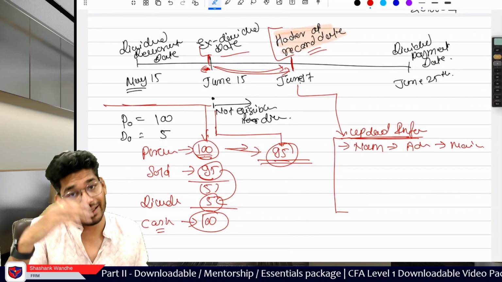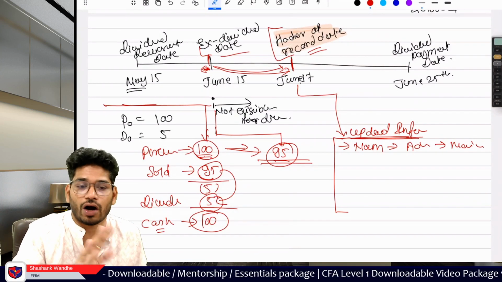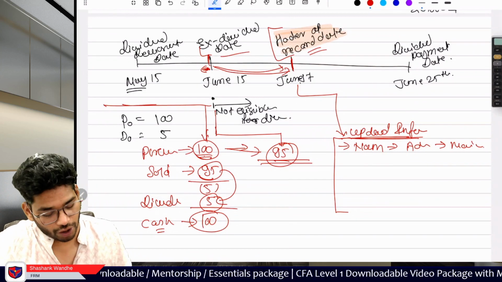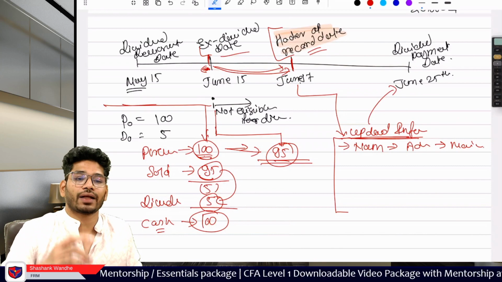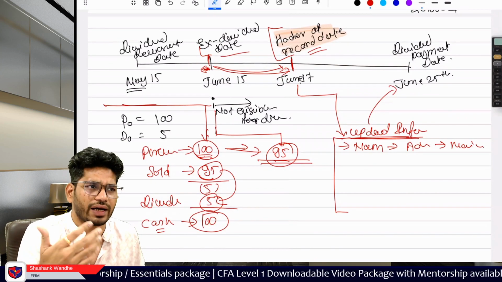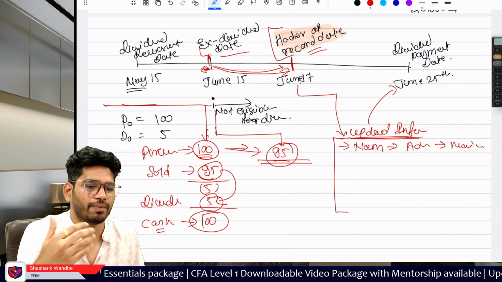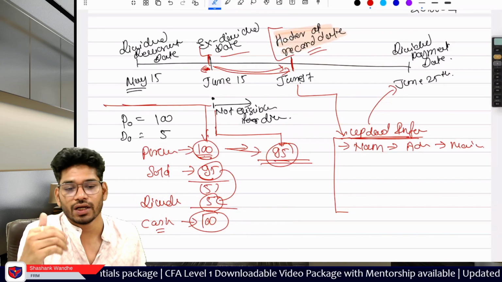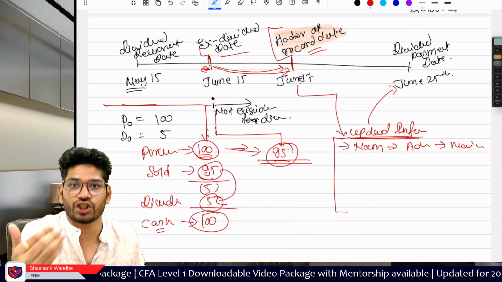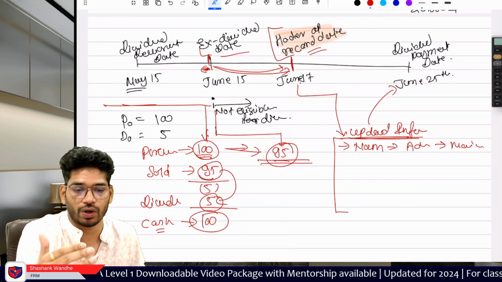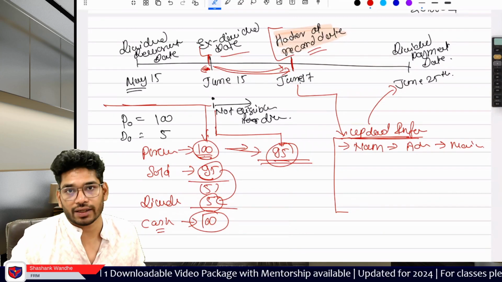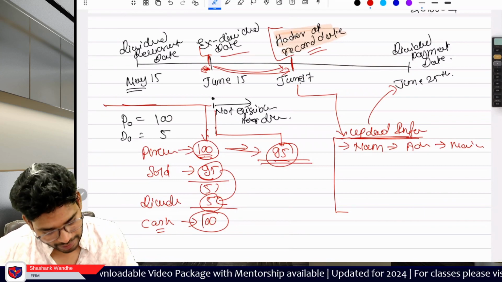Your name and the other people's names will get recorded in the register of shareholders. The company will use this register and mail their checks. Nowadays it is online also, but let's assume the check transaction. So the company will send dividend checks to the shareholders in their register. Very simple.